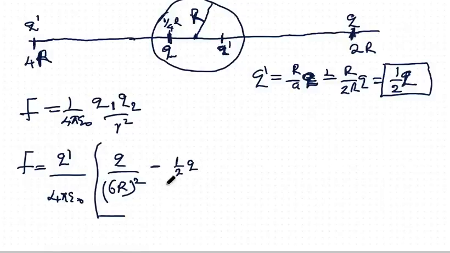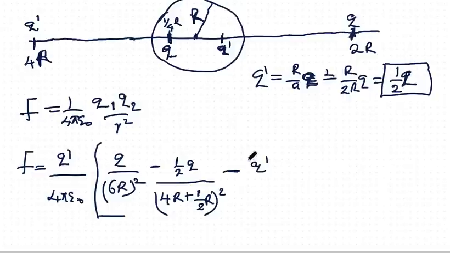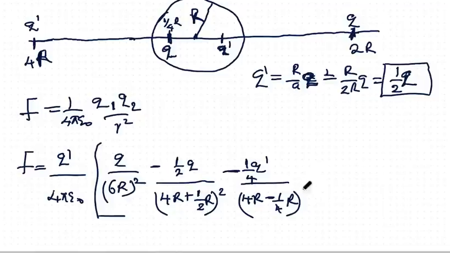divided by 4r plus half, 1/2r squared, and this will be equal to minus the q prime, 1/4 q prime divided by 4r minus 1/4 r squared, is equal to 0.